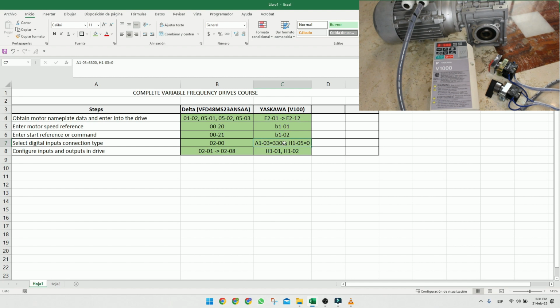A1-03 equals 3330, and it works perfectly well. But the problem is that it went back to factory settings. So this was already, I think, configured.